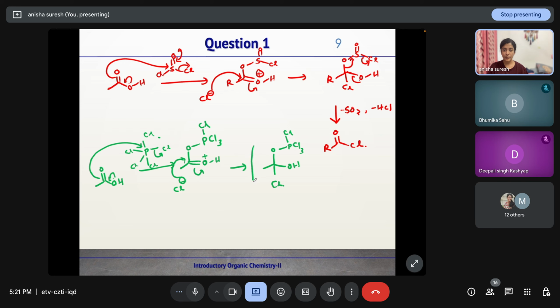Now, so this is the tetrahedral intermediate.